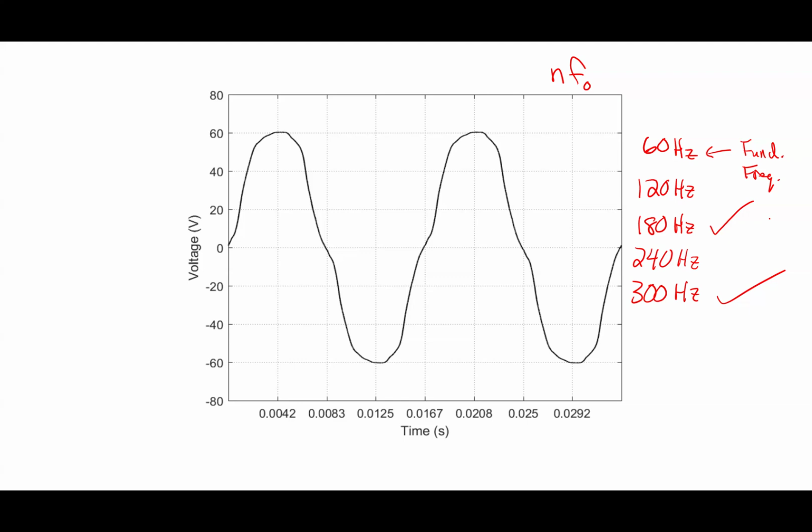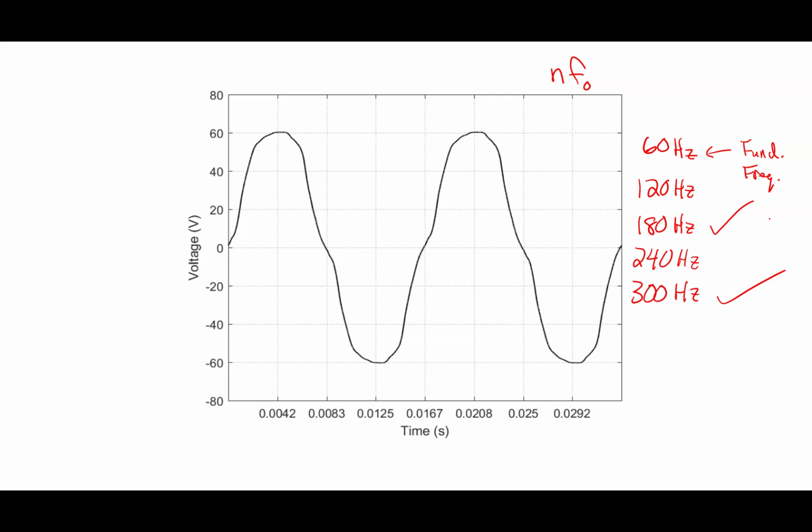How are all those frequencies related to each other? 60, 120, 180, 240, 300. They're all multiples of the fundamental, the fundamental being 60. I can see the fundamental because it goes through a zero cross here and reaches another zero cross there. That's 16.7 milliseconds, that's 60 hertz.